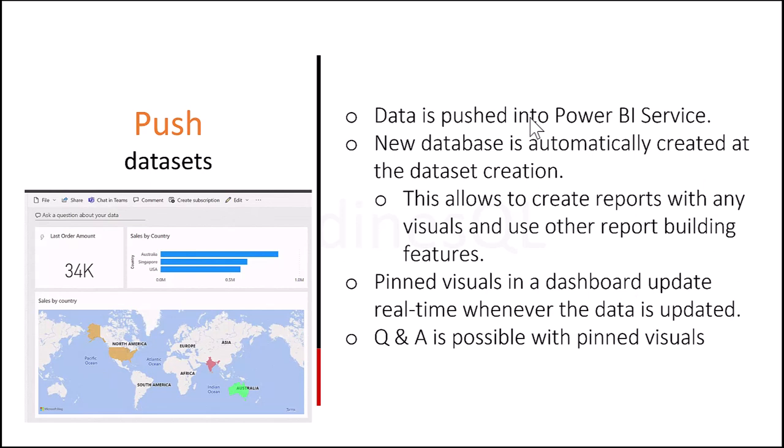If it is something like a card, you'll be seeing that the old value is disappearing and the new value is appearing. So that's the difference between the report visual and once it is pinned to a dashboard. Same data set, but two different behaviors based on the layout you have used. When I say layout, I was referring to the report and the dashboard.